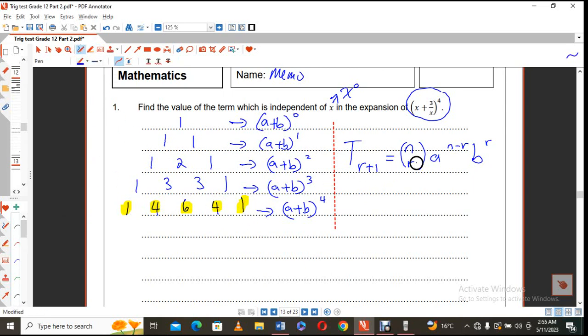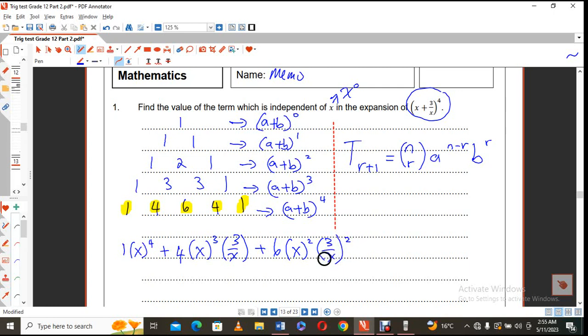Right? So our a value we said is x, so that becomes 1, and then x raised to the power of 4. Our coefficient now is 4, then x is going to be raised to the power of 3, then our b value is 3 over x, raised to the power of 1, plus 6, and then it's x squared, and then 3 over x also squared.